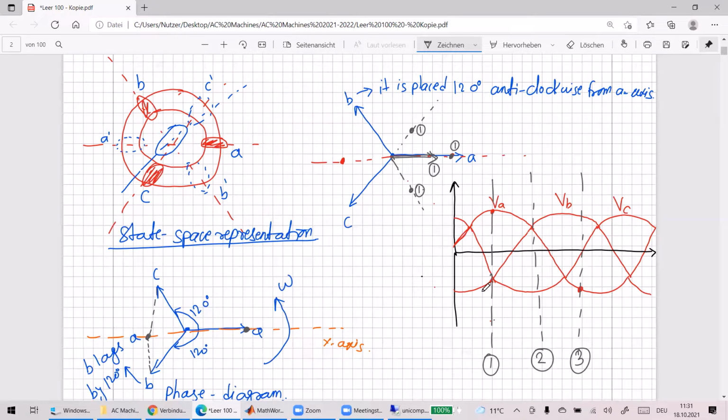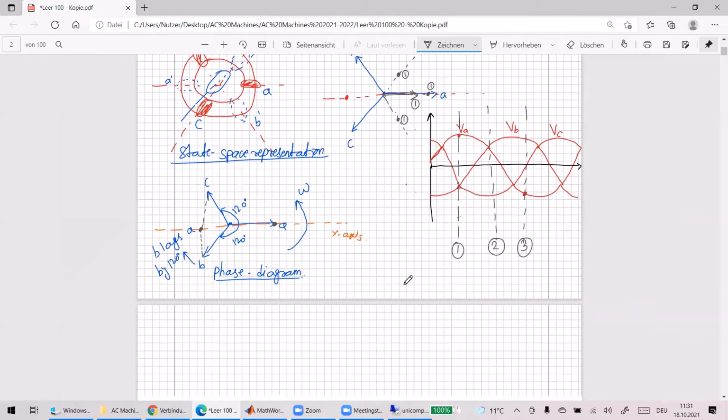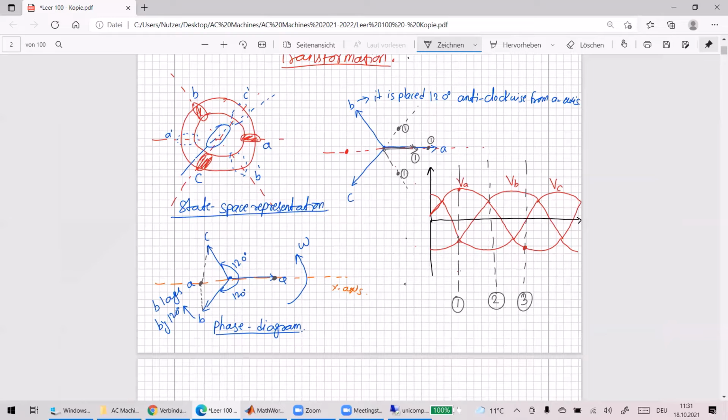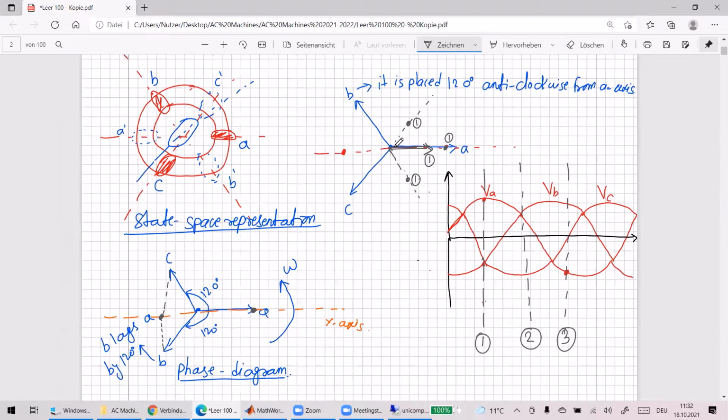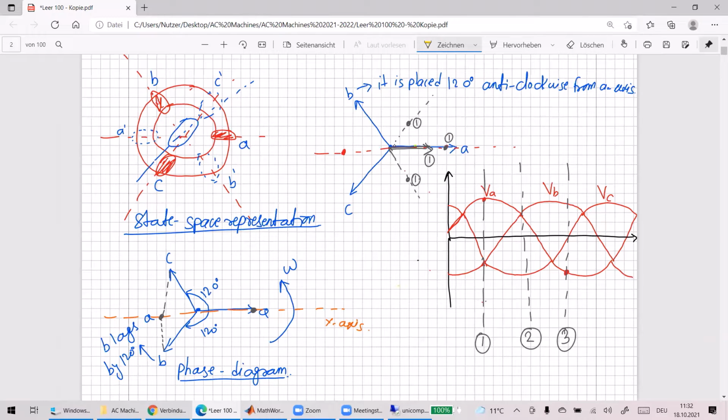When we go to the second point, it has rotated by some angle, and I think that angle is 60 degrees. It can be any angle. So now for the second case, you want to find the points on the state space, then we will do it like this. You see the A phase is positive, but less this time, so this is your second point.